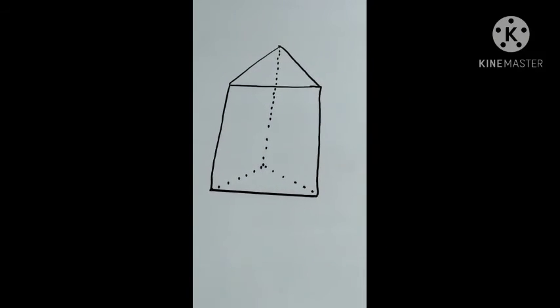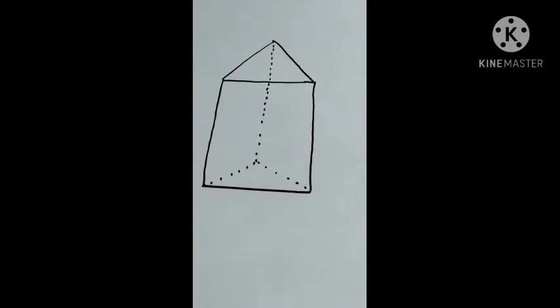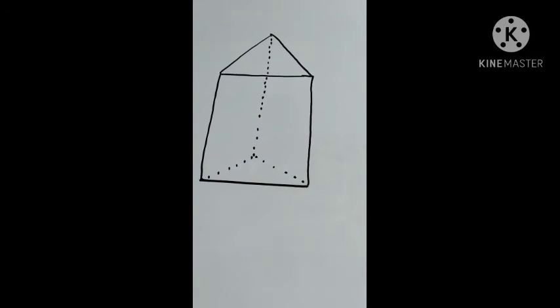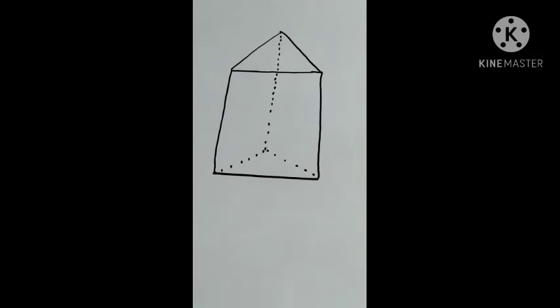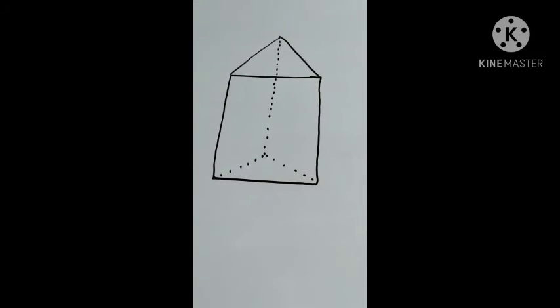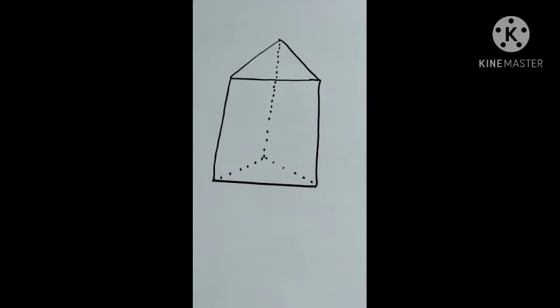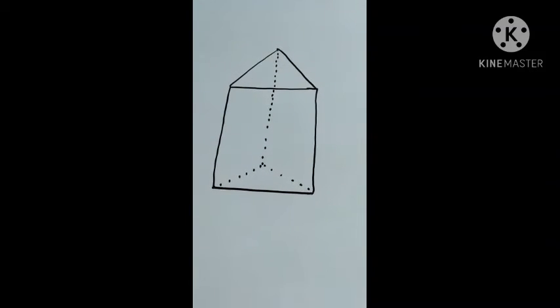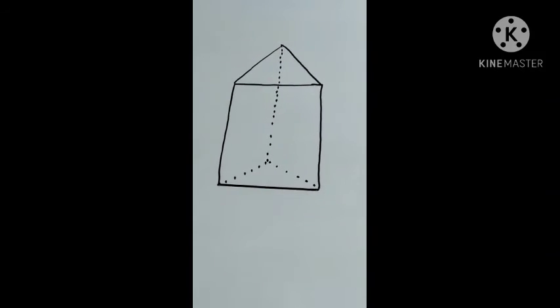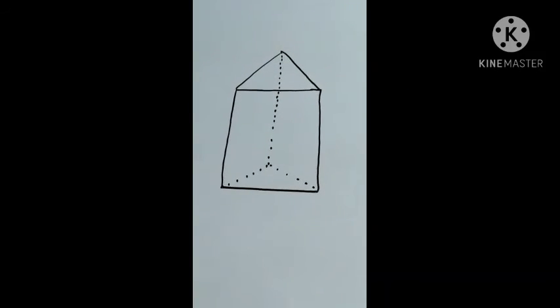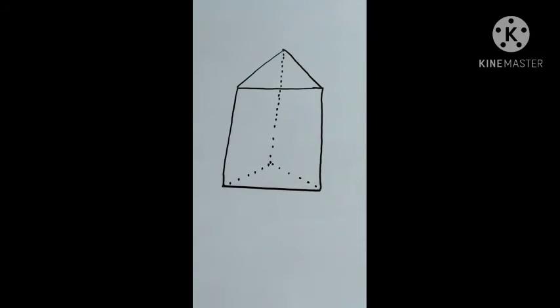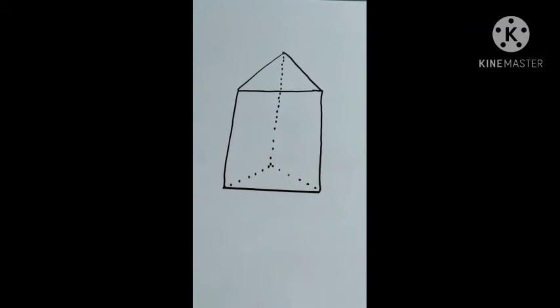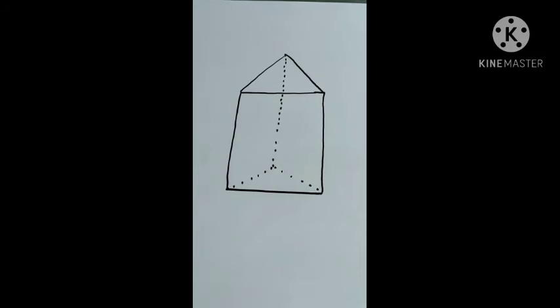It has two triangular ends and the lateral surfaces are rectangles. The name of this solid is prism. It has three lateral surfaces and two ends. This prism has 5 surfaces. Now define a prism. If the two ends of a solid are polygonal and the lateral surfaces are rectangular, then this type of solid is called a prism.